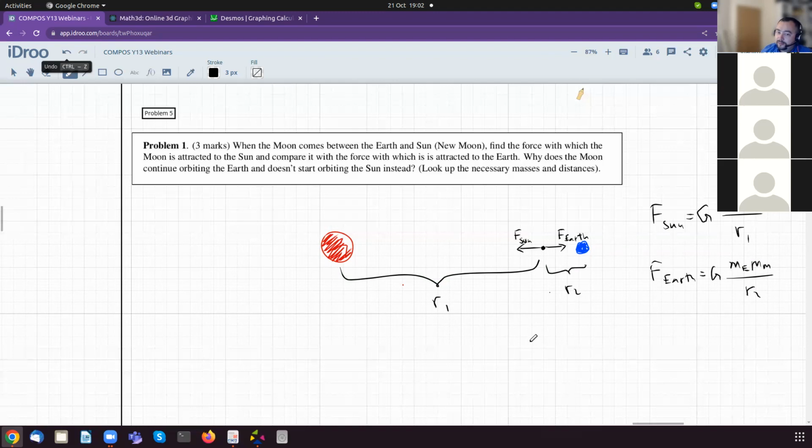And the thing is that when you actually do the calculations, you will find that F sun is bigger than F Earth.